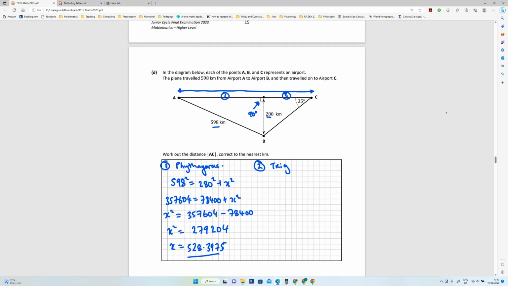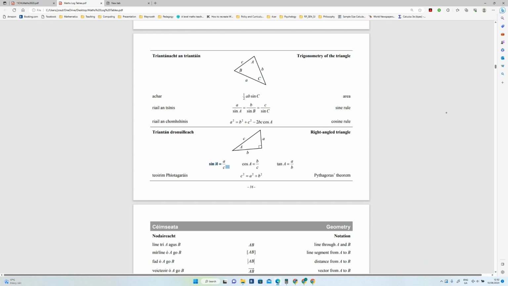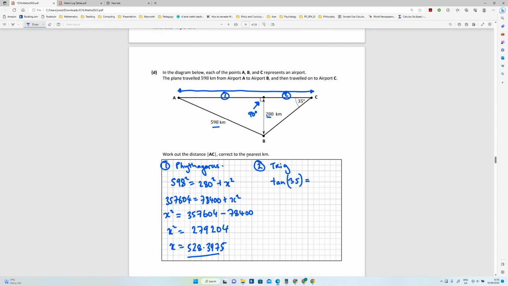Okay. So the tan of 35 degrees is equal to a over b. In my case, let me just check that again. Opposite over adjacent. So this one here is the adjacent. So it's 280 all over x.